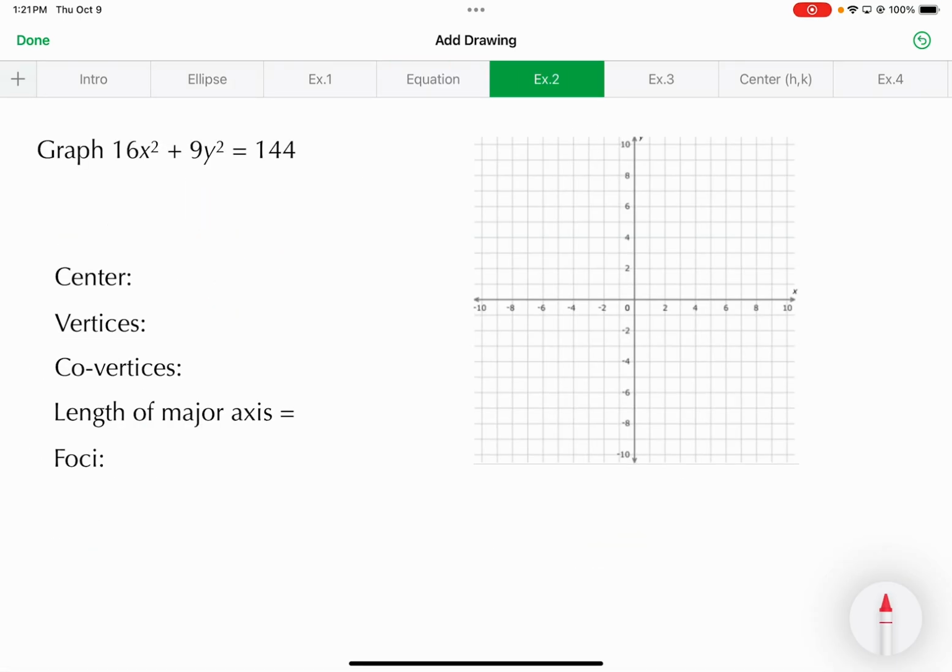All right. So we want to graph 16x squared plus 9y squared equals 144. I really want to get this equal to 1 instead of being equal to 144. So what should I do? Good. Let's divide everything by 144.